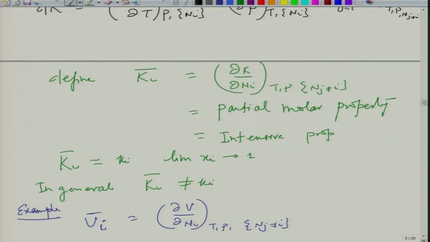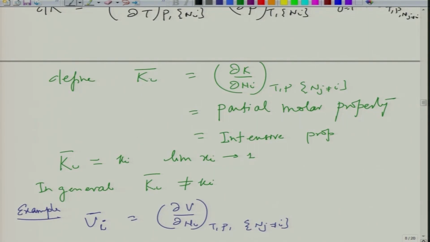Welcome back. We've been discussing partial molar properties, and so I'll just do a quick recap of what we have learned in the last lecture. We defined a generic property, the partial molar property, which is nothing but the partial derivative of K, where K could be energy, enthalpy, internal energy, or another extensive variable, with respect to Ni.